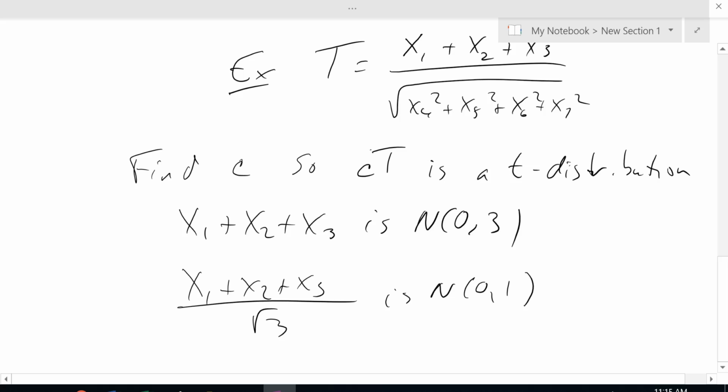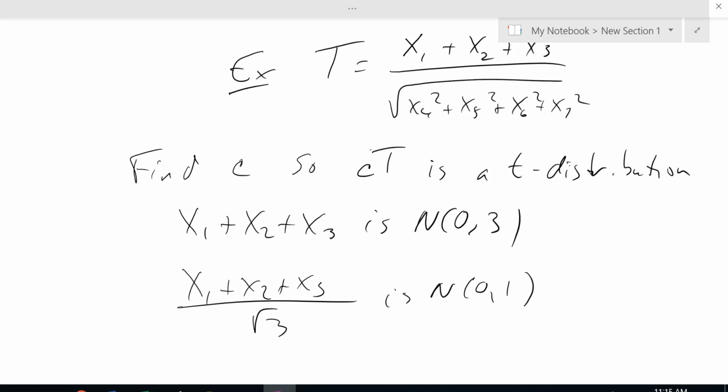Right? So I know that 1 over square root of 3 is going to be involved in my C somewhere, right? We agree? All right. Now I need to look at the bottom. I want to make this a T distribution. So in the denominator of a T distribution, we need a square root of what type of variable? Chi-square.